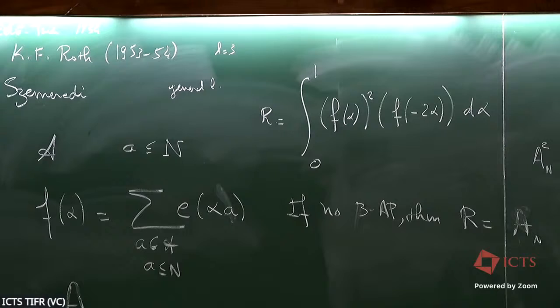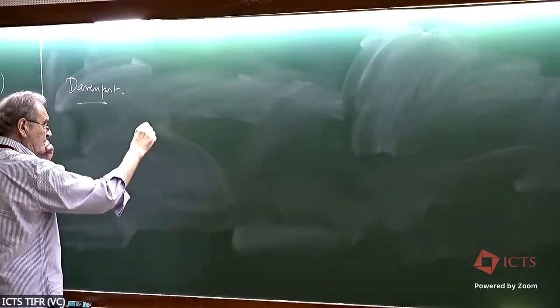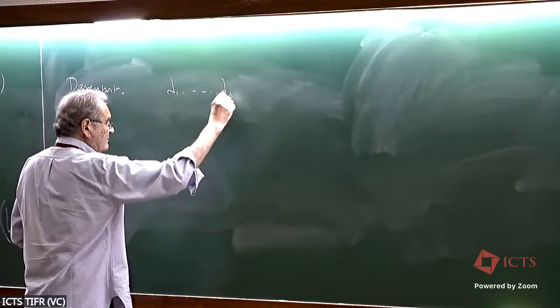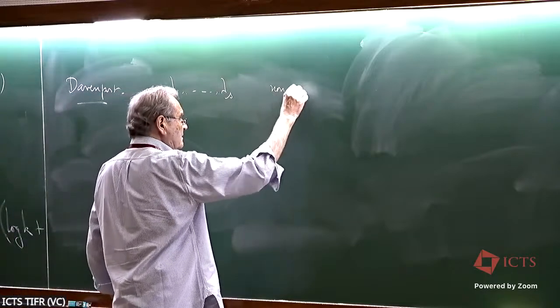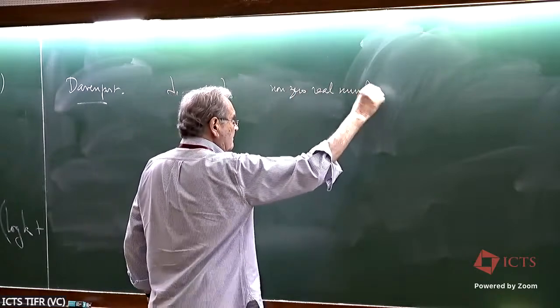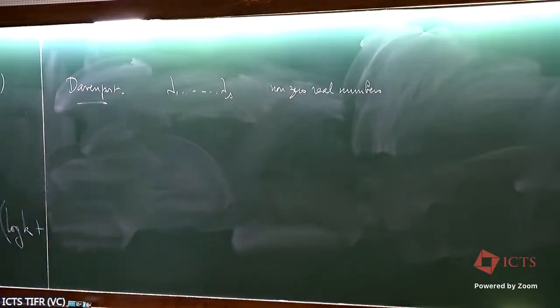Yes. So it was in the 50s, I think, that Davenport considered the following. You take lambda 1, ..., lambda s, non-zero real numbers. And you assume that the quotient of two of them is irrational, at least.